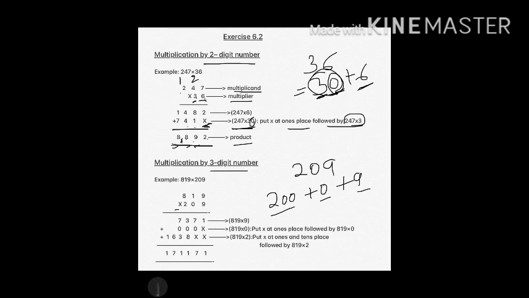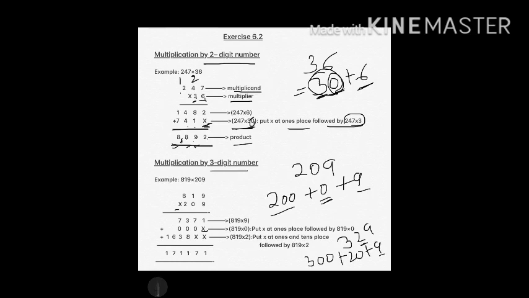Now in 3-digit multiplication you have to pay attention to this: in the first line you will not put any cross. In the second line you put a cross because it is the tens place. For example, if any other number is there instead of this, I'll just give you one example. If it is 329, this will be 300 plus 20 plus 9.